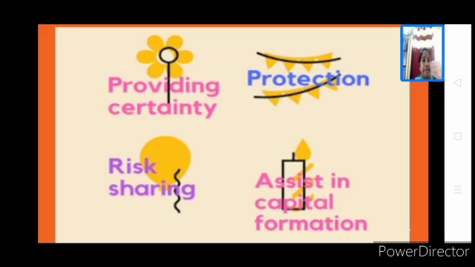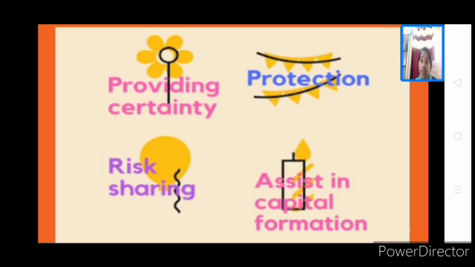Insurance companies collect the premium from life insurance and general insurance, but in general insurance the premium paid by the parties will be less, while in life insurance the premium paid will be more. Hence a lot of money will be collected by the insurance companies, and that money, they start investing in the business.